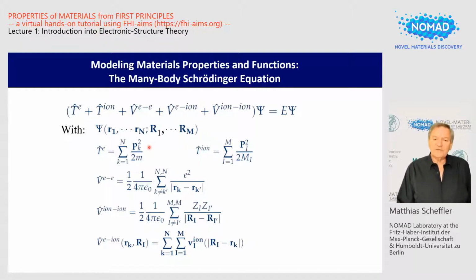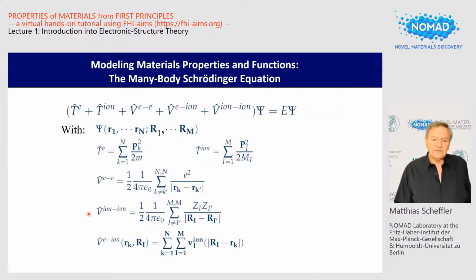So the kinetic energy is the momentum squared divided by the electron mass. For the ions or nuclei, we have the momentum of the nuclei divided by the mass of the nucleus I. And then the interactions are all Coulombic. So there is the electron-electron interaction, depending on the distance between electron k and electron k prime.